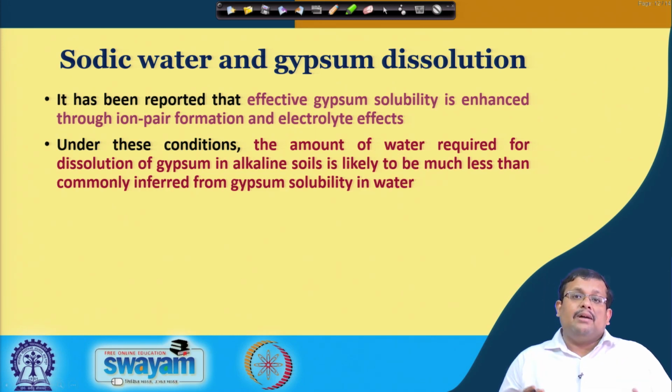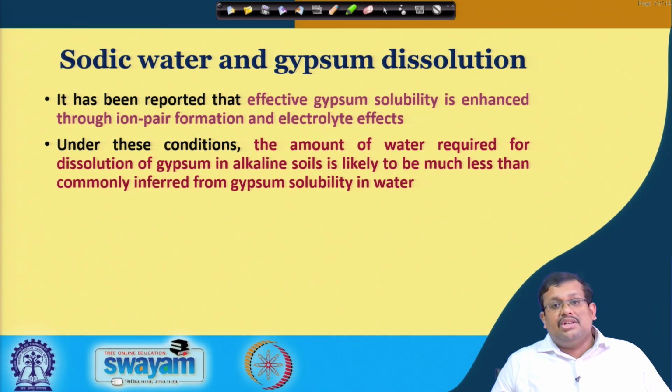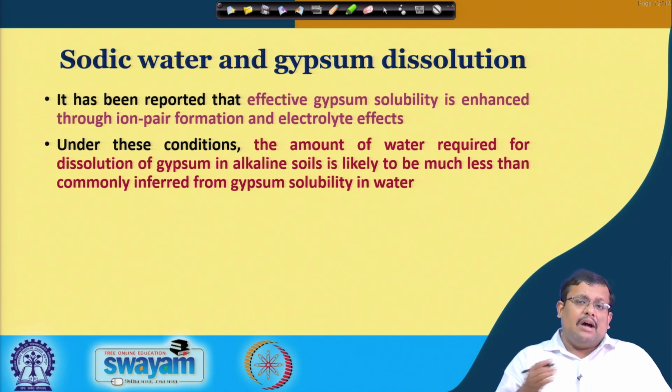So, let us wrap up our lecture here. In this lecture, we have discussed the acid rain effect and its interaction with the soil system. Also, we have seen sodic soil and how the gypsum solubility is influenced in these sodic soils, and also the aluminum solubility from aluminum organic matter complexes, and how they are impacted by variable pH.